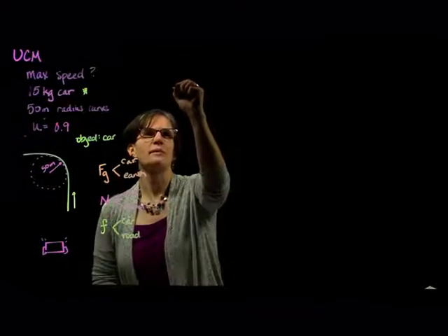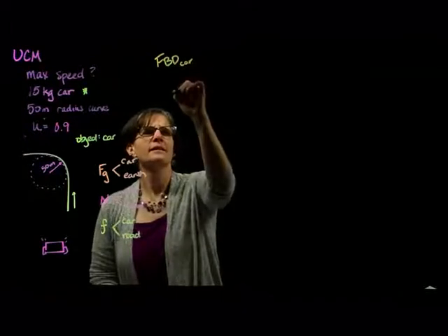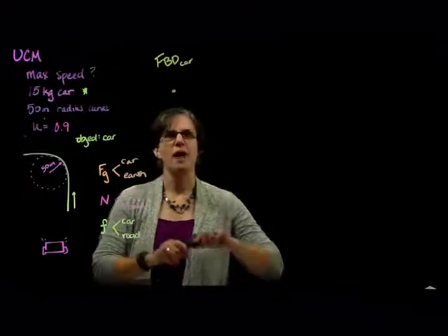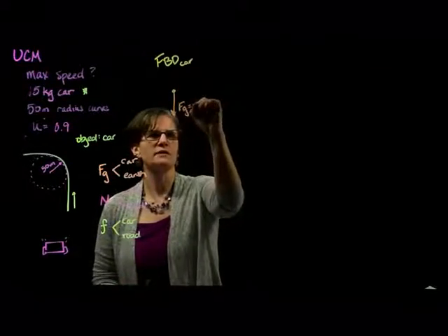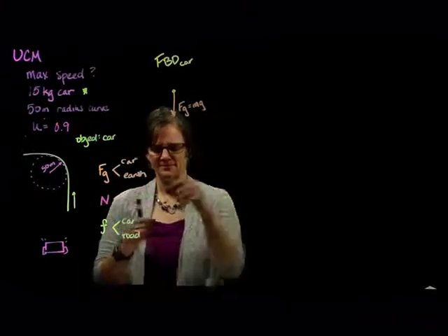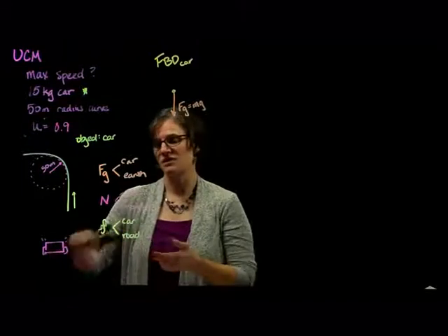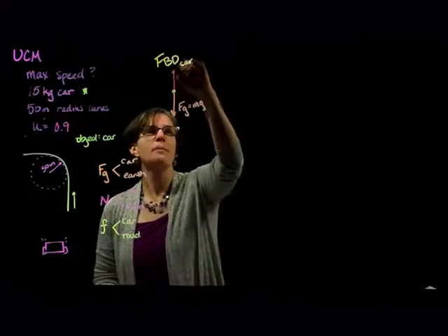So we'll draw a free body diagram of the car. So there's our car. Now the force of gravity we know acts downward. That's the force of gravity. It's equal to mg. And the road, here's our kind of tail end view, that's acting up.